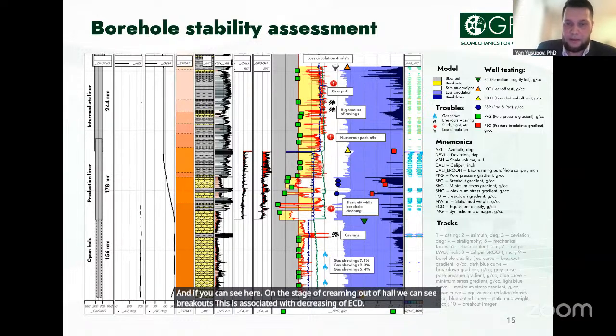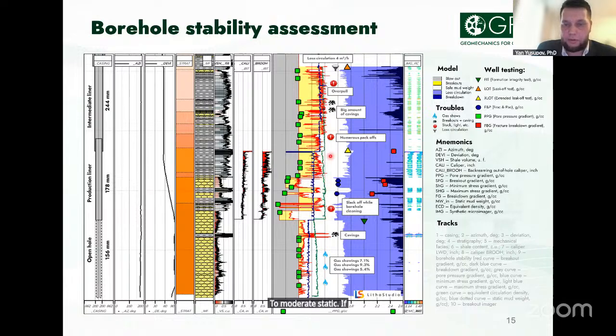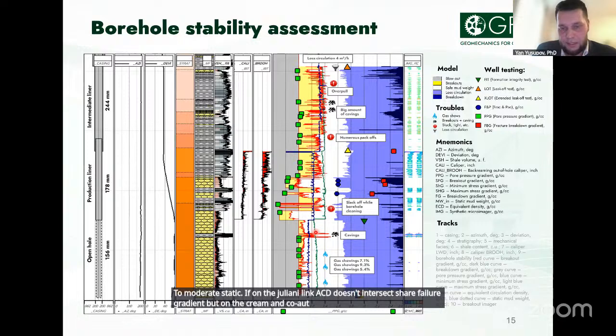While drilling, ECD doesn't intersect the shear failure gradient, but on back reaming out of hole, it does intersect it. And in the intervals where the shear failure gradient is more than static mud weight, we can see the breakouts on the caliper.